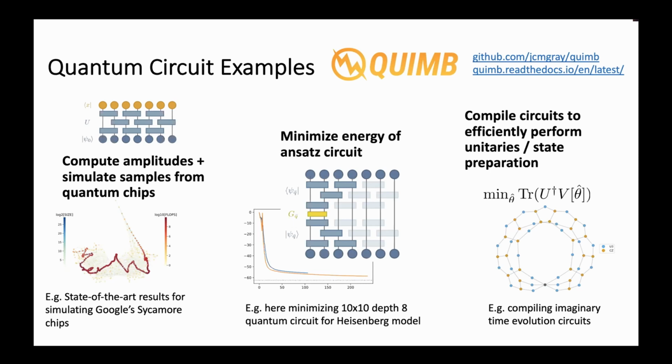You can also simulate different objects, like just the local terms of some Hamiltonian with respect to some ansatz circuit. So here's minimizing a 10 by 10, 100 qubit depth 8 quantum circuit for the Heisenberg model, which would be well beyond most full state-based simulators.